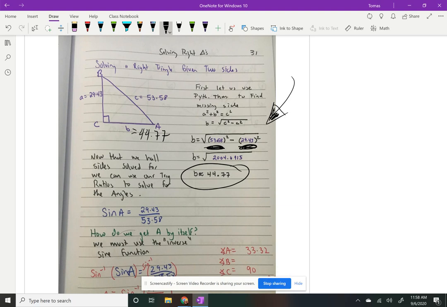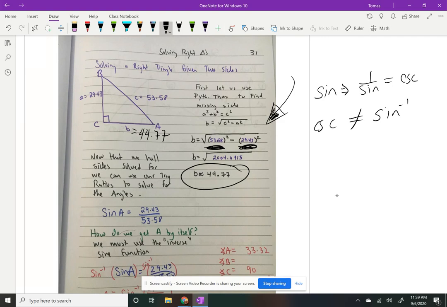Now, remember when I was discussing this little concept last time, where if we wanted to go 1 over, this would equal cosecant. And I said that cosecant does not equal this.